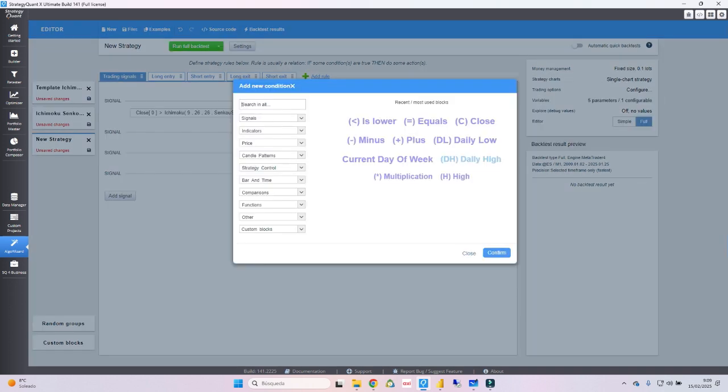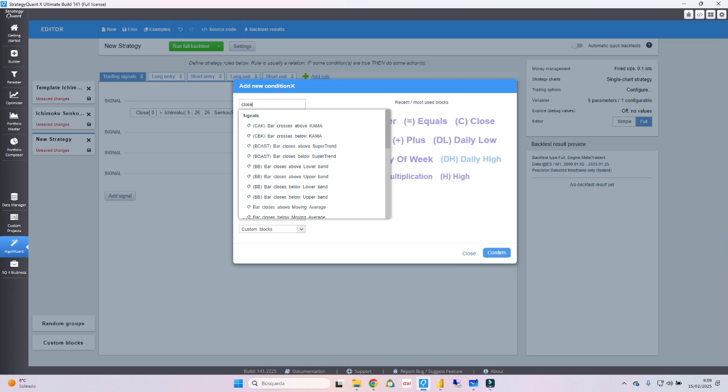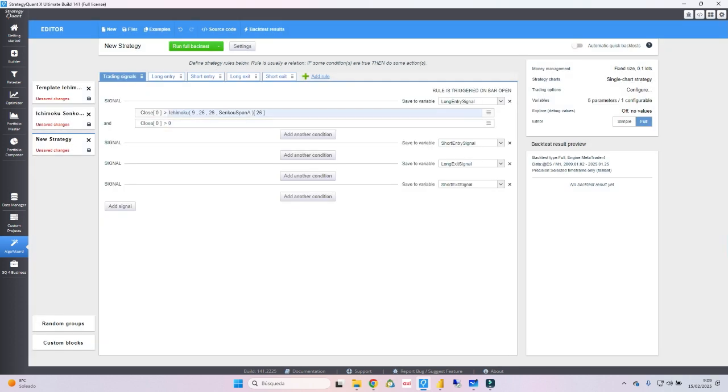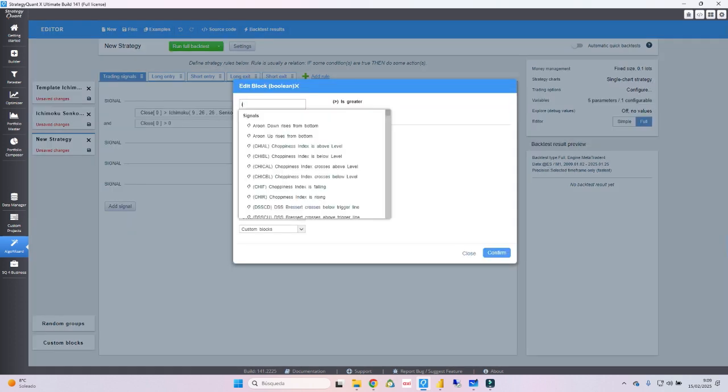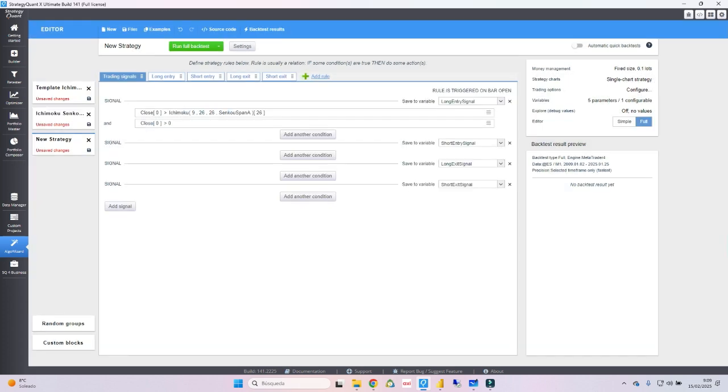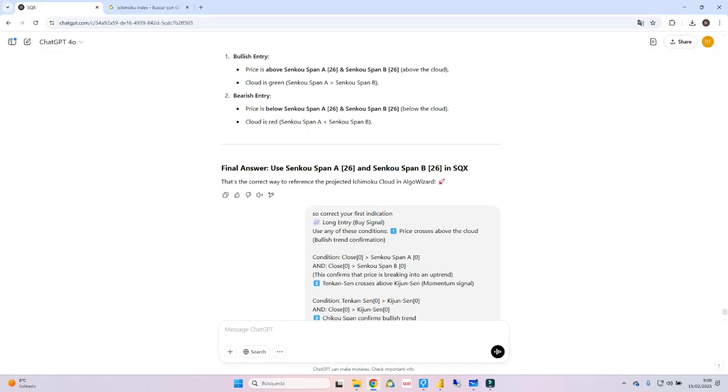The next one is the close of current greater than Ichimoku Senkou 52 and 26, span B, right? Like that.